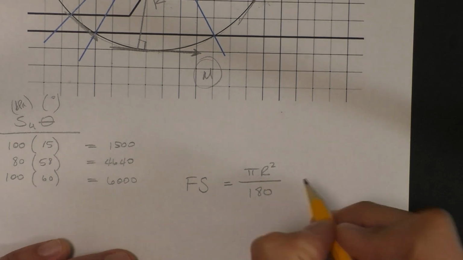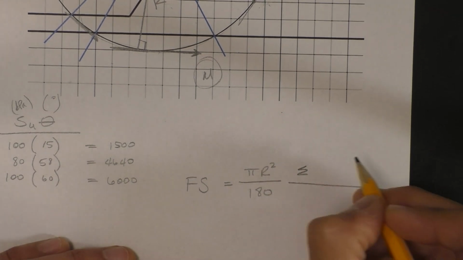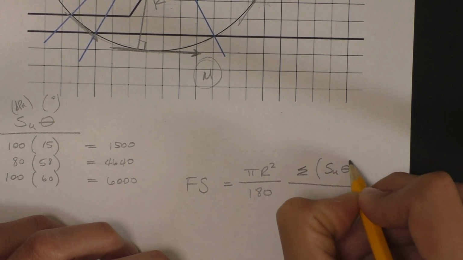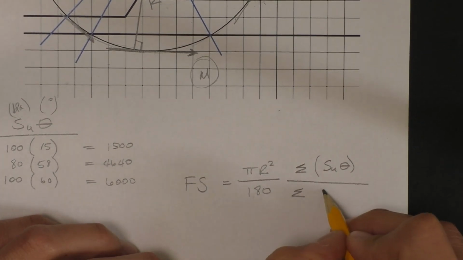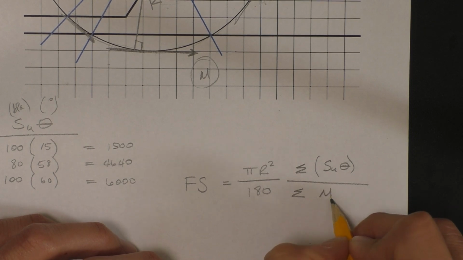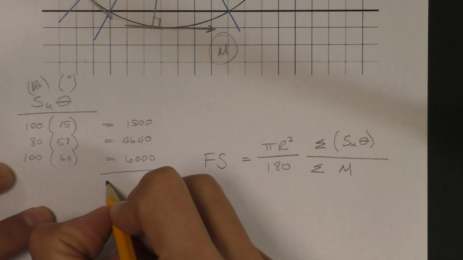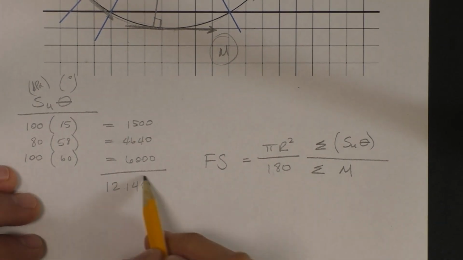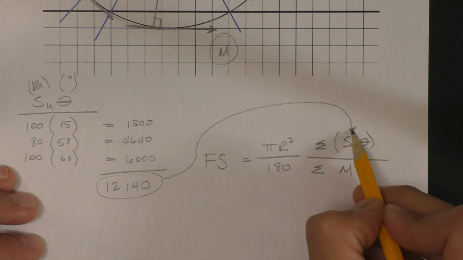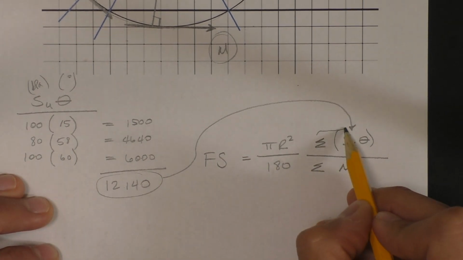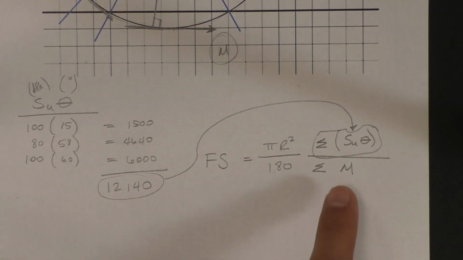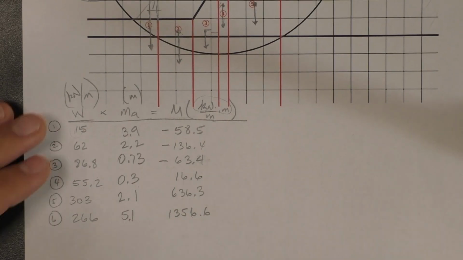And here we have the sum of the SU thetas, and down here the sum of the moments. This summation is 12,140. So this is that. Sum of moments. Here are our moments.